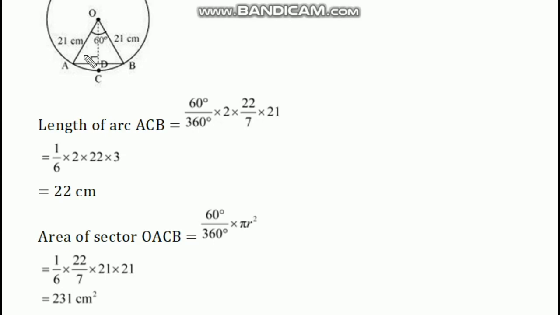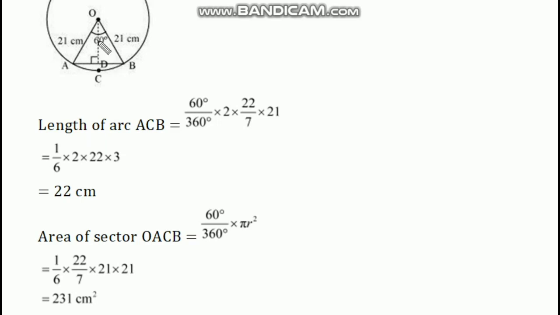First we need to check whether the given triangle is an equilateral triangle or not. See here, the angle is 60 degrees. At the same time these two sides are equal, that means this is an isosceles triangle. For the isosceles triangle, the base angles are also equal.